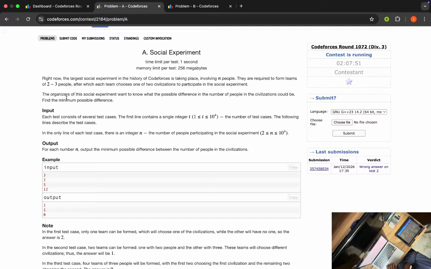The organizer of the social experiment wants to know what the possible difference in the number of people in the cities could be. Find the minimum possible difference.